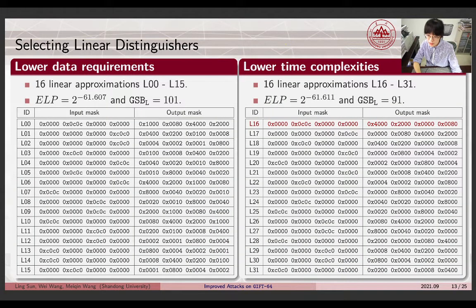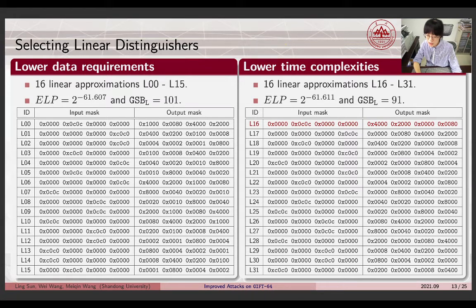If we aim at linear attacks with lower data requirements, the group of 16 linear approximations with ELP being 2 to the minus 61.607 and GSBL equals 101 is preferred.